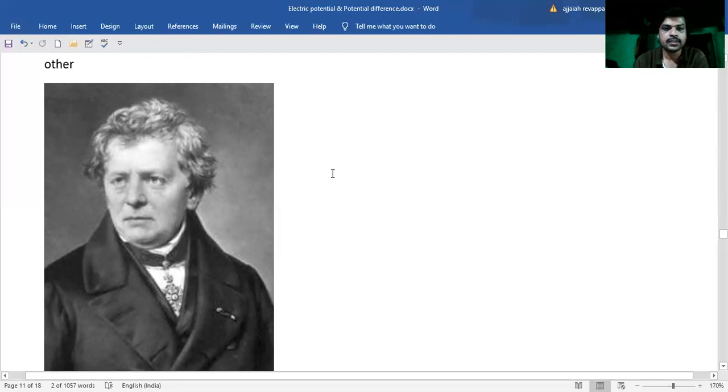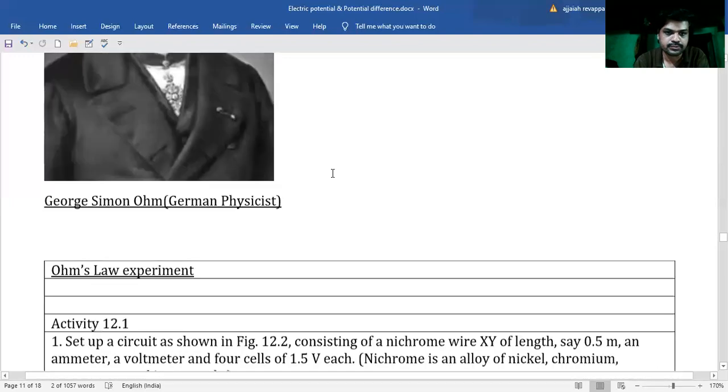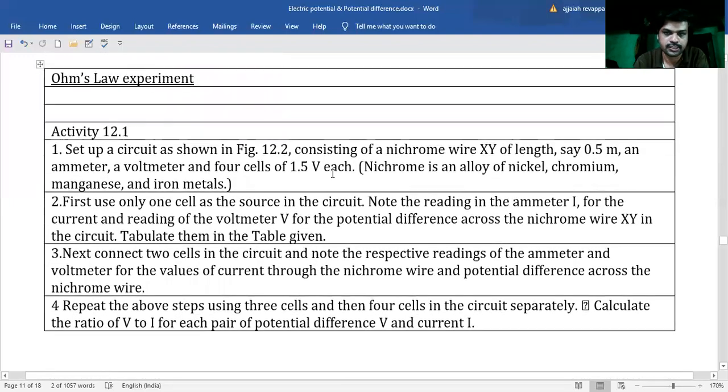Okay, before I state what Ohm's law is, we'll take an experiment or activity, and we'll establish the relationship between electric current and potential difference. So this is a very important experiment or activity from the point of view of the exam, because it is a most repeated question.